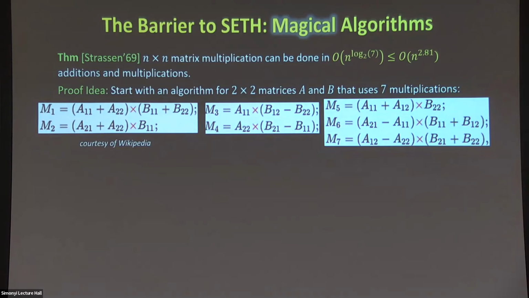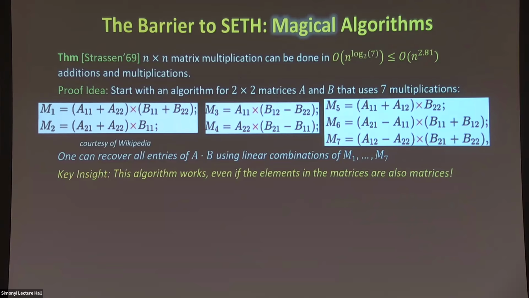You have an A matrix and a B matrix. You compute these 7 multiplications, and because I can't contain the whole algorithm on this slide, let me just tell you, one can recover all entries of the product by linear combinations of these 7 multiplications, some additions and subtractions.